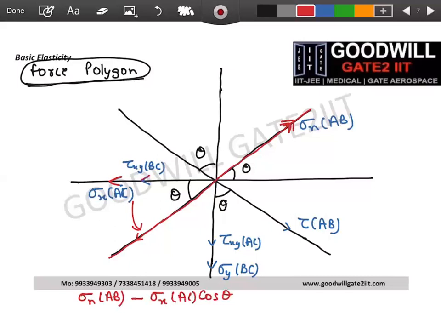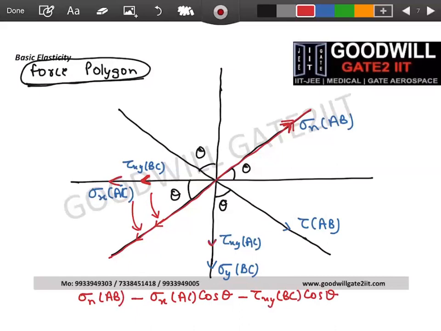Exactly similar way, this tau xy BC, which is the force, can be resolved along this line as a cos component alone, and tau xy into BC cos theta. You will not learn this derivation for your GATE, but you will understand every bit of it, and believe me, you will feel good once this derivation is over. Now, what are the remaining forces?